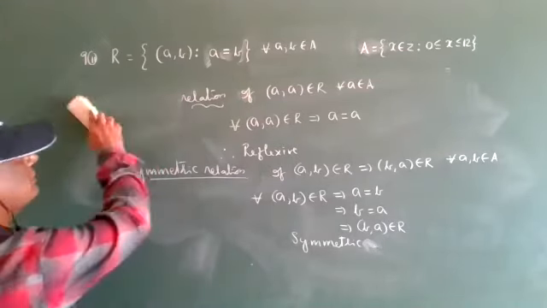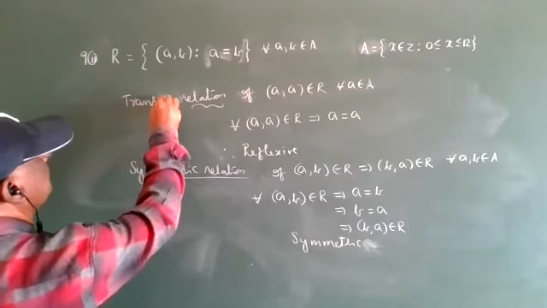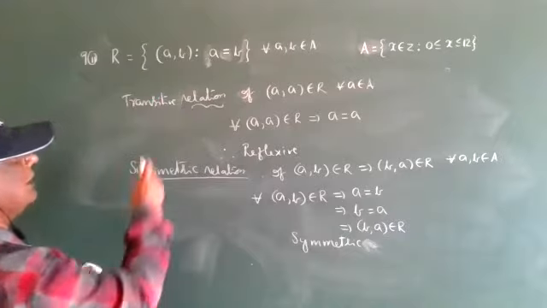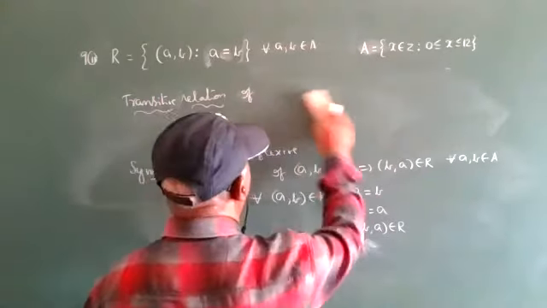Right, transitive relation, write down. Take three numbers for the transitive relation.